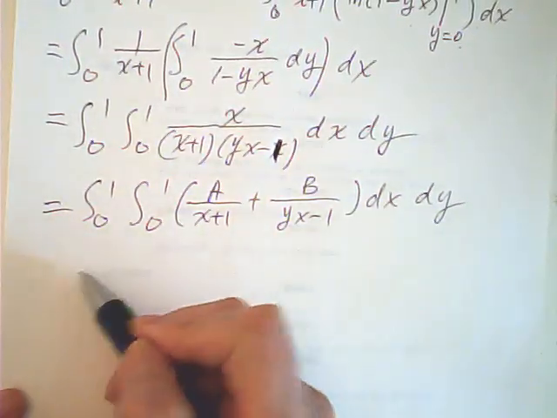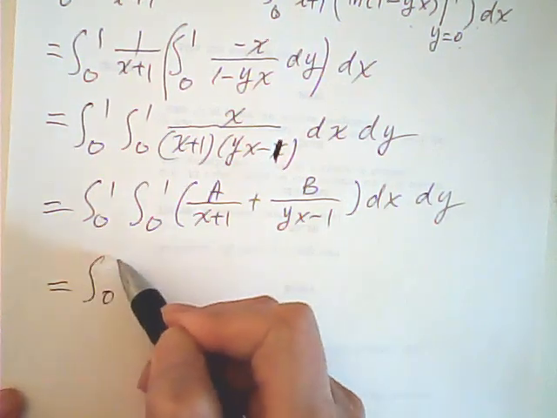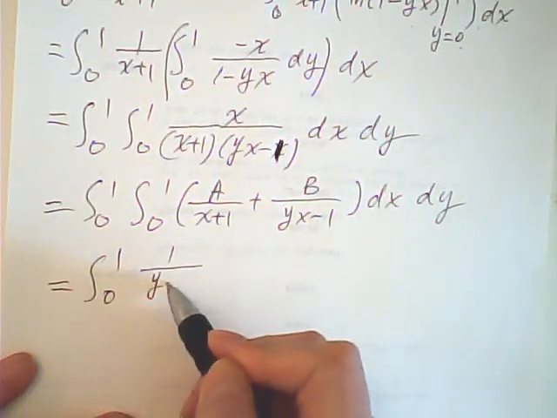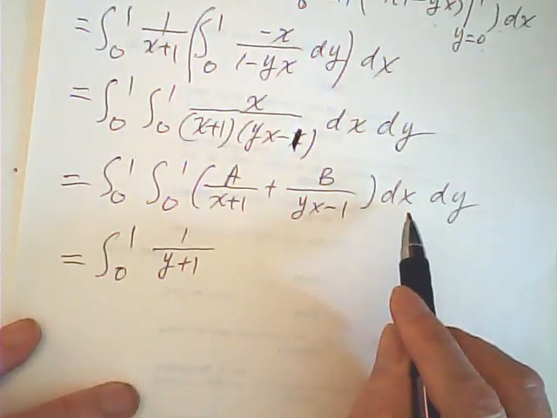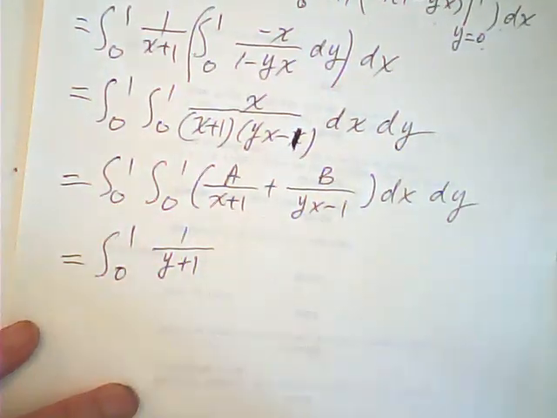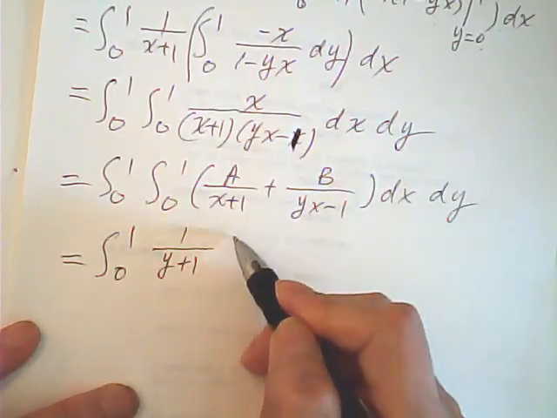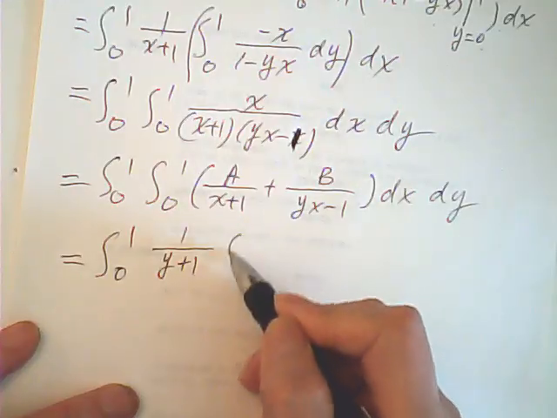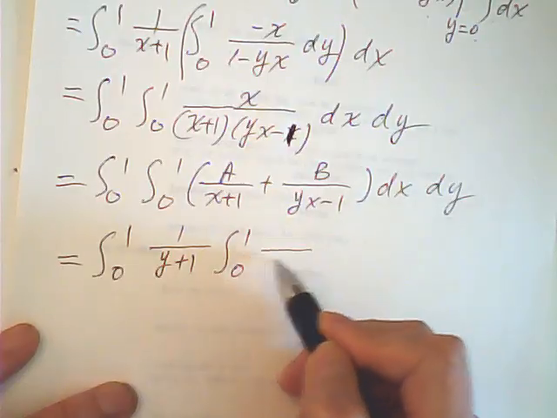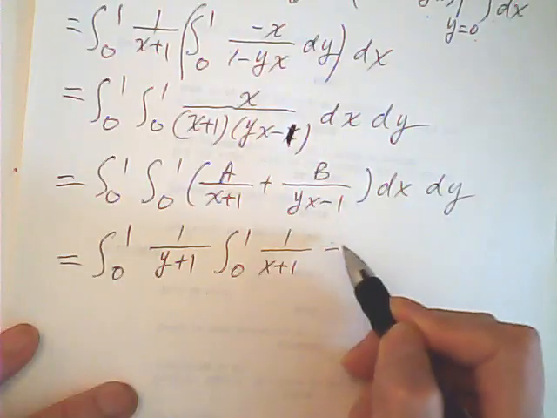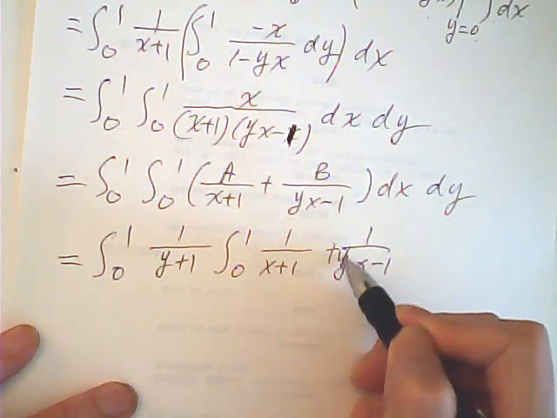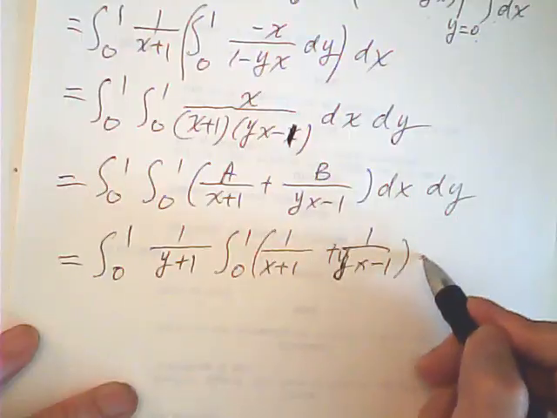So a and b are found, and we integrate with respect to x. Since y plus 1 is a constant, this is an integral of 1 over x plus 1 plus 1 over yx minus 1, dx dy.